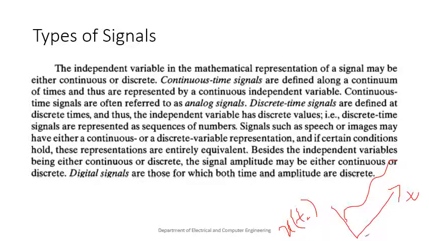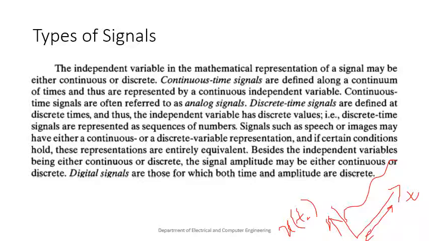We have continuous values of t, and we have continuous amplitude. Both the x-axis and the y-axis are continuous. Clear?